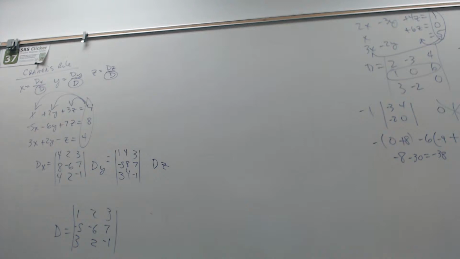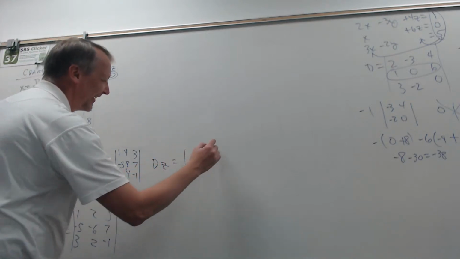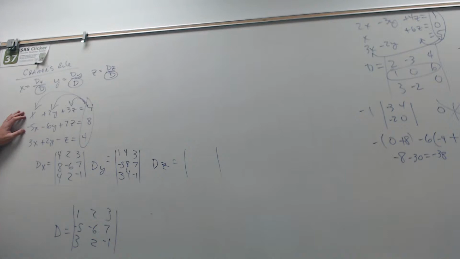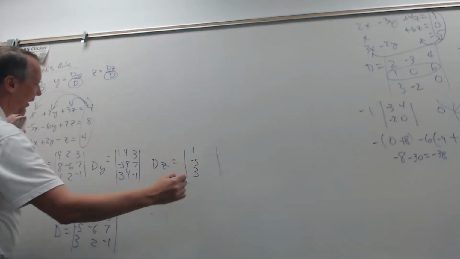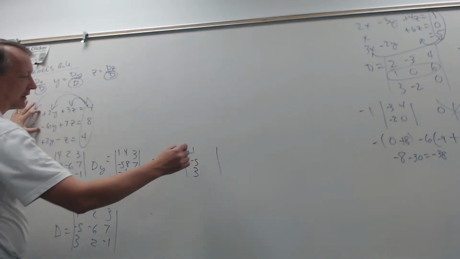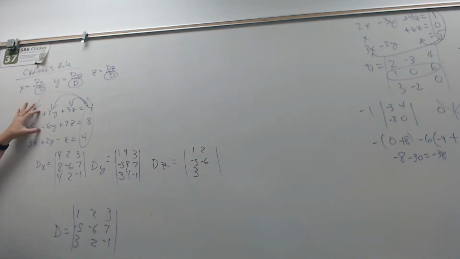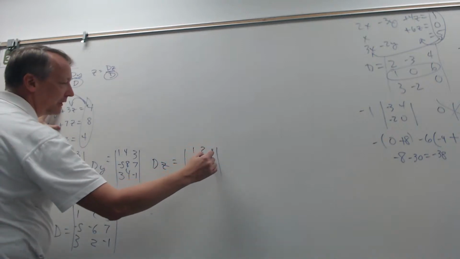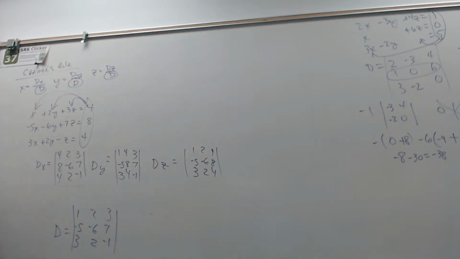Now for z: 1, -5, 3, 2, -6, 2, and that'd be 4, 8, 4. Okay? Now, once you've got that, theoretically, this isn't that bad.